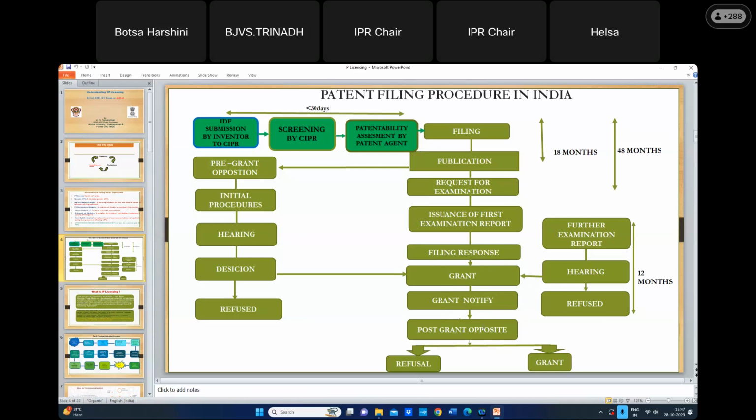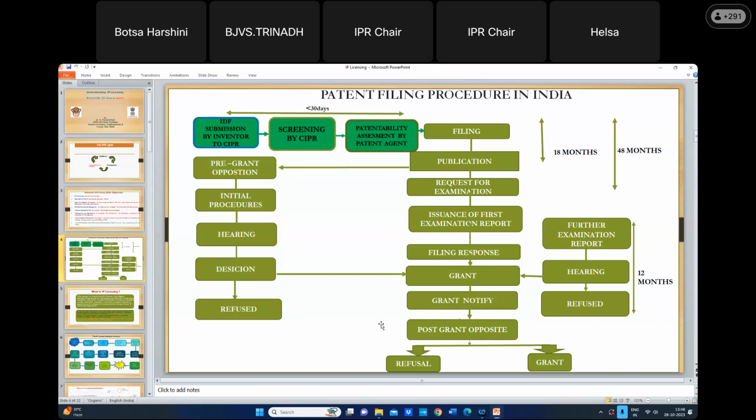If the controller finds evidence supporting that complaint, he can even cancel the granted patent. So up to 1 year, people can oppose. Once that opposition is refused, the patent will be granted, or whatever patent is granted will continue.